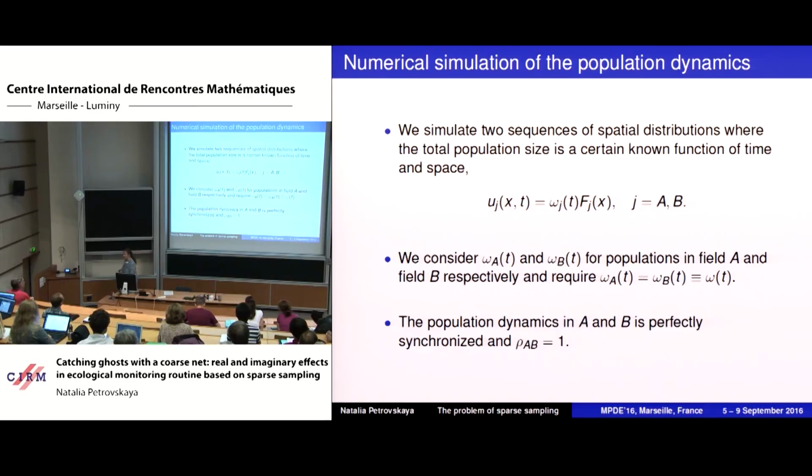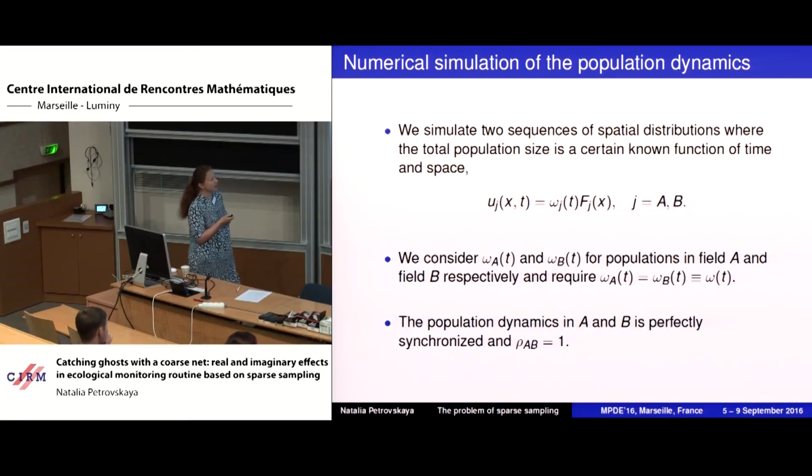In the first example, we had our spatial temporal distribution. So once again, we have introduced time, so our density function now depends on time. And we say, let us have something in field A and field B, and the temporal component of our distribution will be the same in both cases, okay?